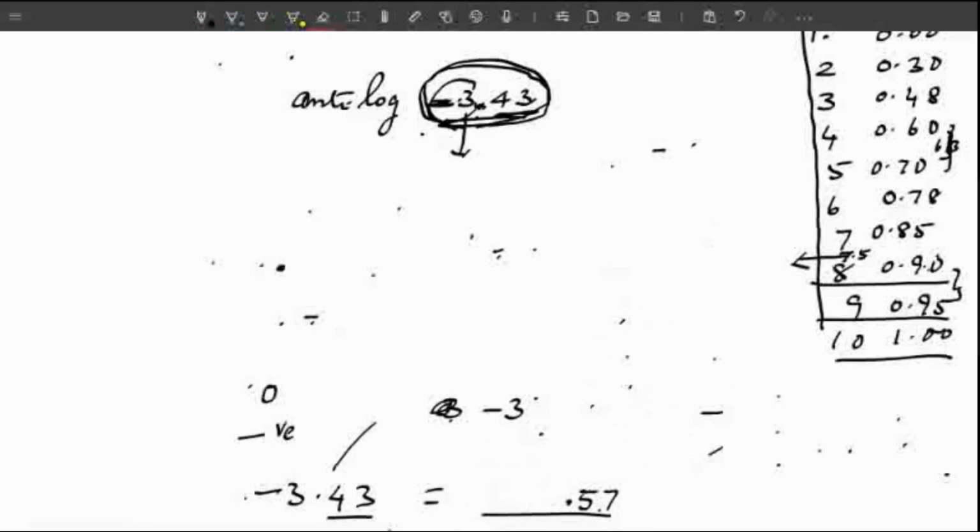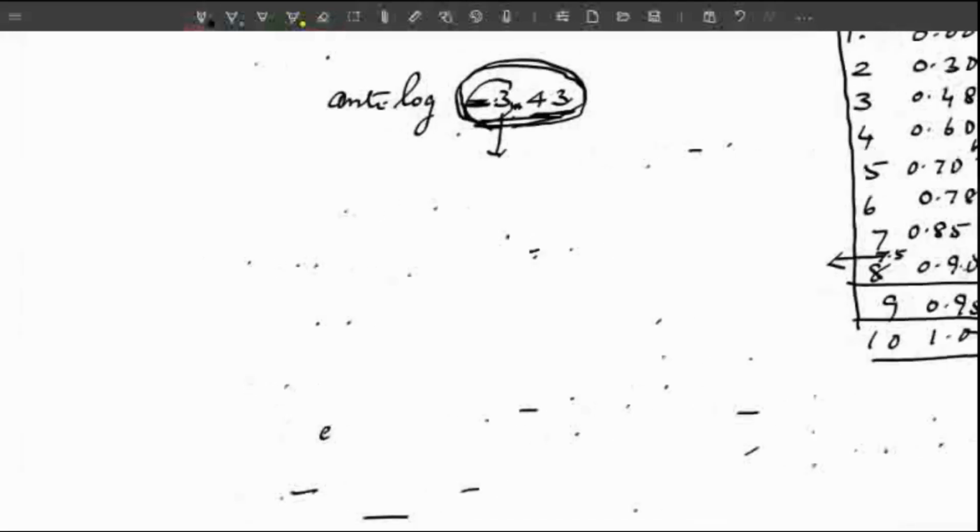After converting this, you will take the antilog. An easy way to do this: the minus number is there. This indicates that it is a minus, and the decimal digits are also minus, so here the negative should be raised to the characteristic number. Raising means raising by 1, therefore 3 would be converted into bar 4.